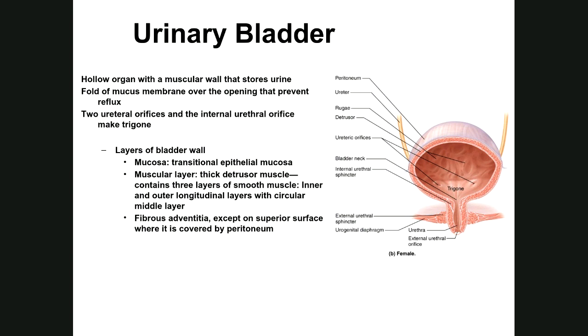We have two ureteric orifices, those two over here, where the ureters come into contact with the bladder. And we have this orifice that is made of the internal urethral sphincter. So this makes a triangle over here. We call that the trigone.